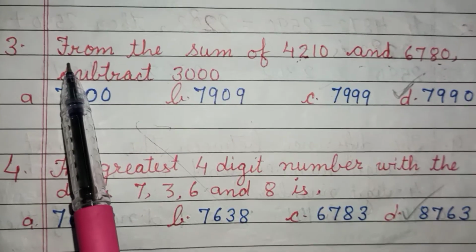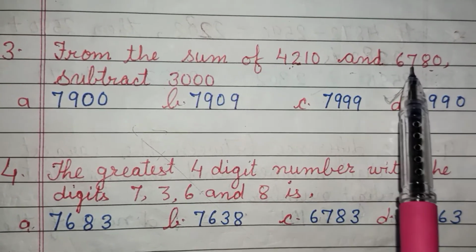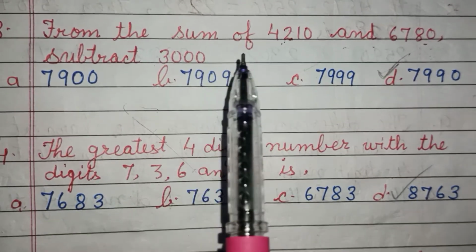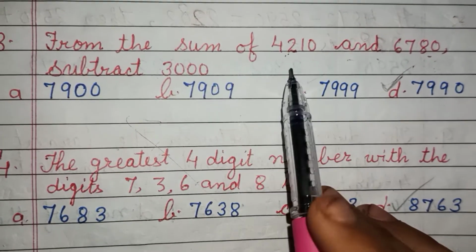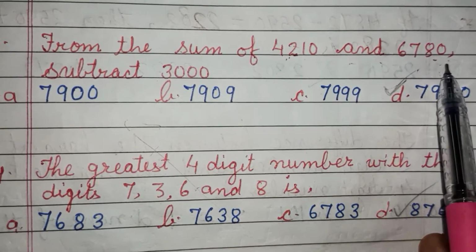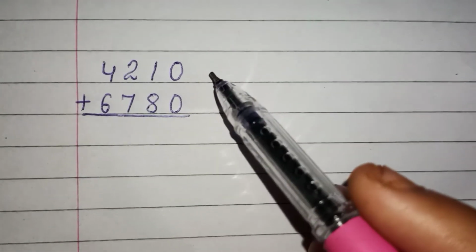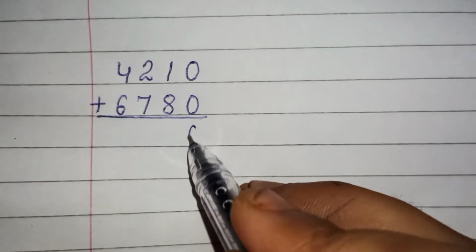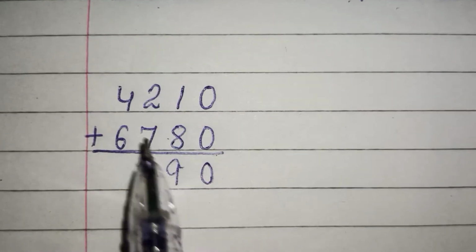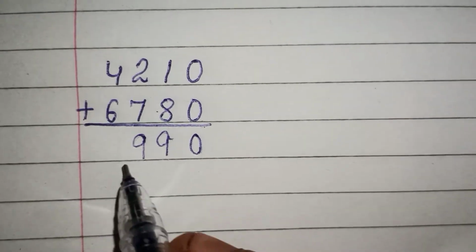Now look at question number 3. From the sum of 4,210 and 6,780, subtract 3,000. In this question, first we have to add both these numbers. Okay. Now add it. 0 plus 0 is 0. 1 plus 8 is 9. 7 plus 2 is 9. 4 plus 6 is 10.